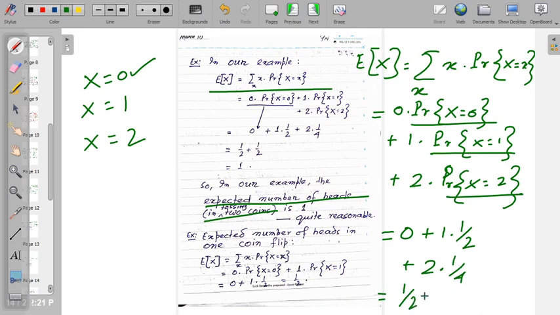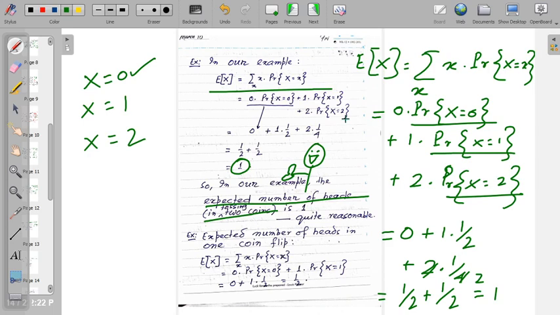So this is half plus half, which is equal to 1. So the expected value is becoming 1. Whatever we were looking for, we have got.